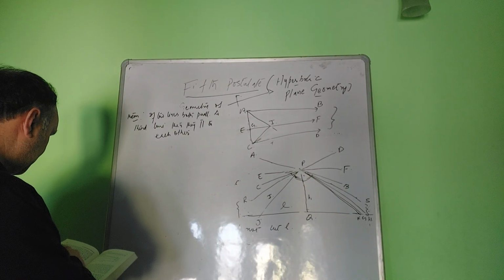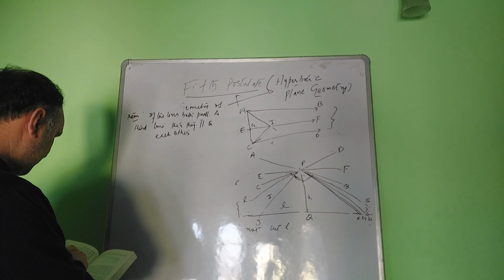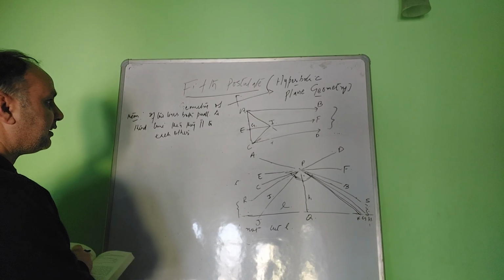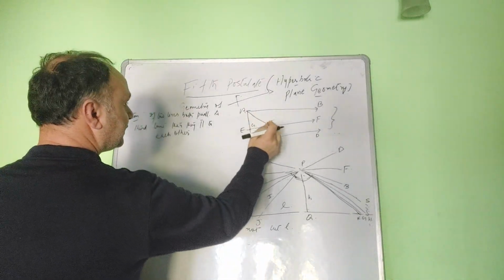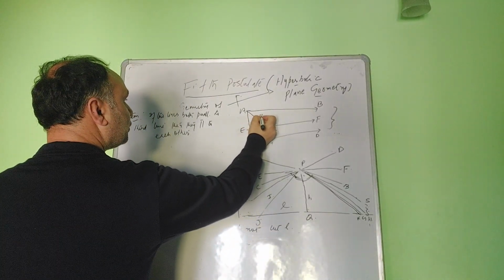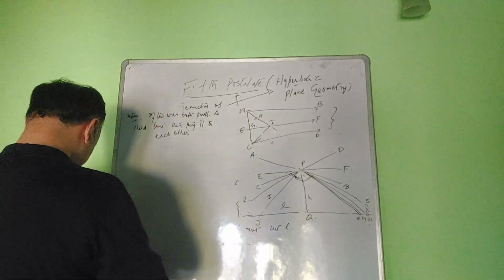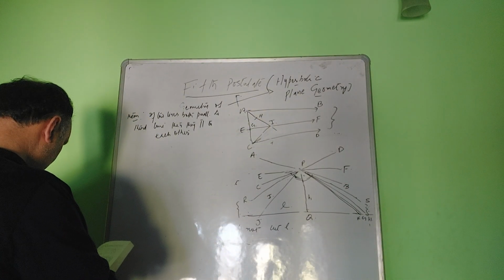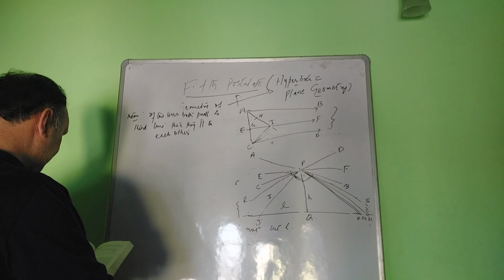Draw any line AH through A, passing with an angle CAB.